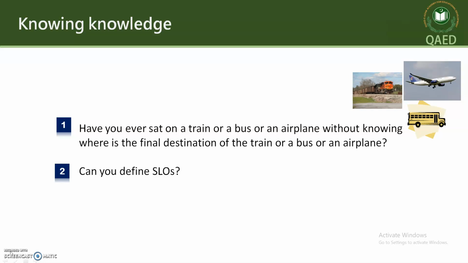The second question is, can you define SLOs? The answer is, SLOs are statements that specify what students will know and be able to do when they have completed the topic or their course.